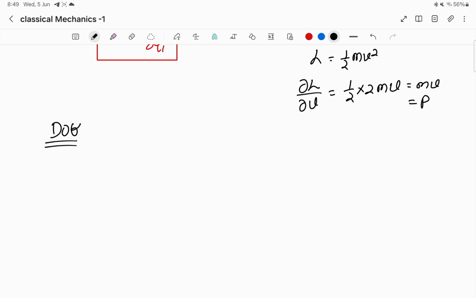So let me give you a simple idea. Let me give you some cases, and you will have to tell me what is the degrees of freedom for those cases.